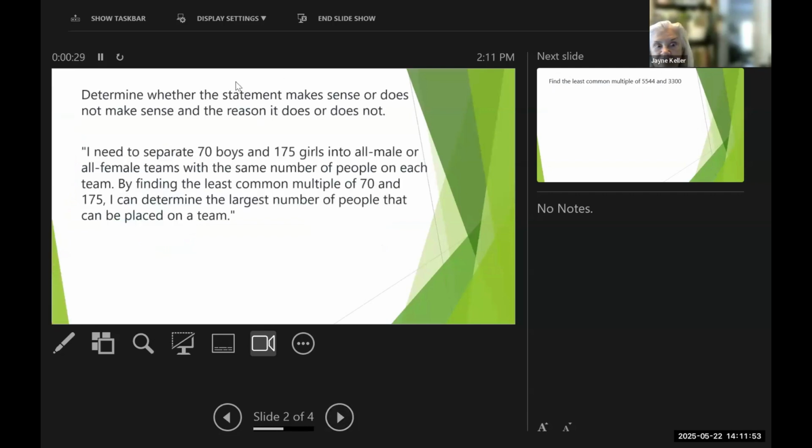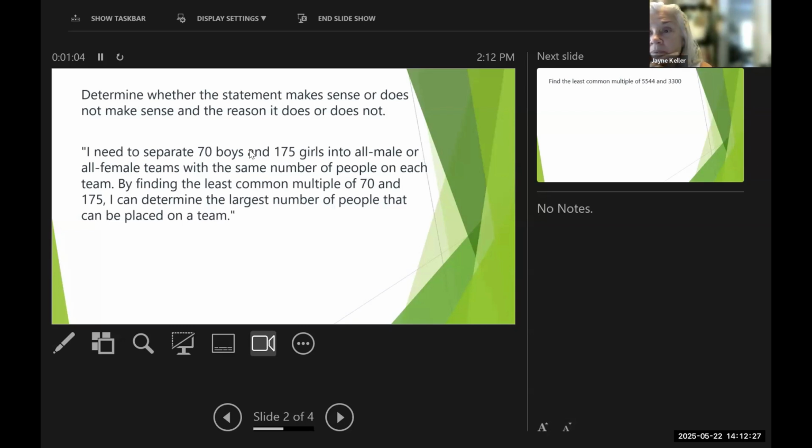So does this make sense or not? I need to separate 70 boys and 175 girls, and I want all male or all female teams, and I want the same number of people on each team. So it's not asking me to do it. It's just saying, does it make sense that I would find the least common multiple of 70 and 175? What I think confuses people is they hear least and they think small.